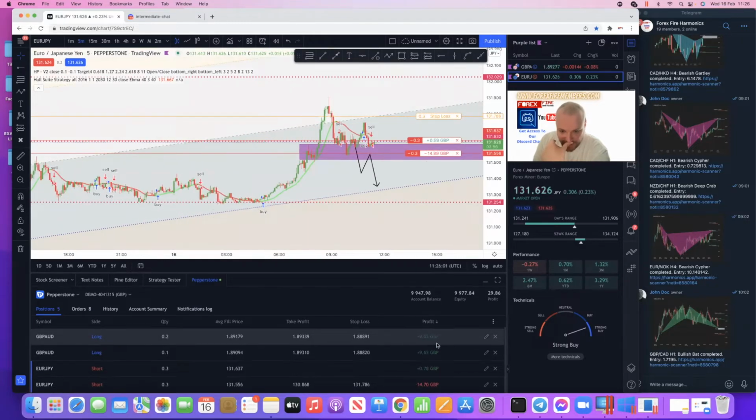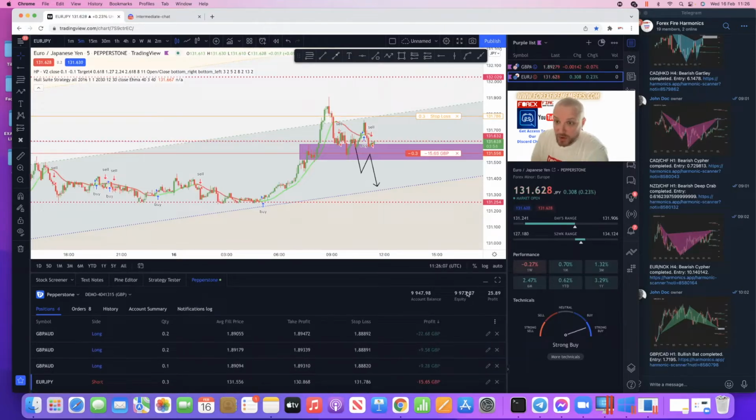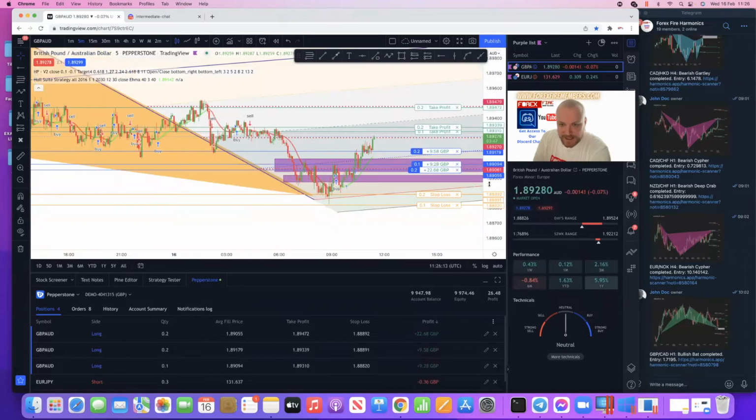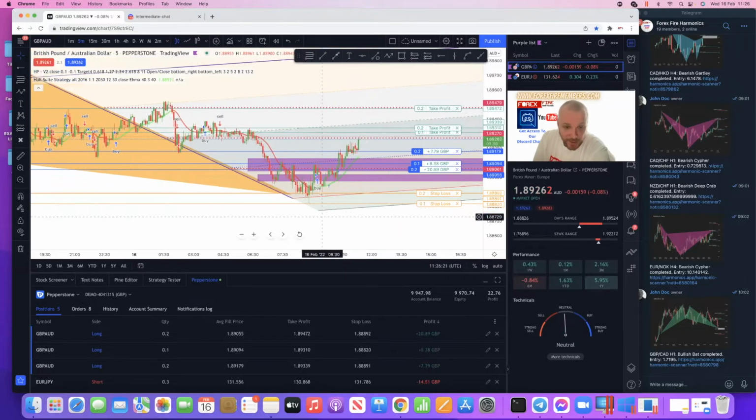Okay, you can see we're in heavily. We're starting to come in some good profits. It's all about trying to get this account back towards the 10k initial start point. And at the moment, this here, I've taken positions on the way up from the GBP/AUD. We got in early on the buy here.